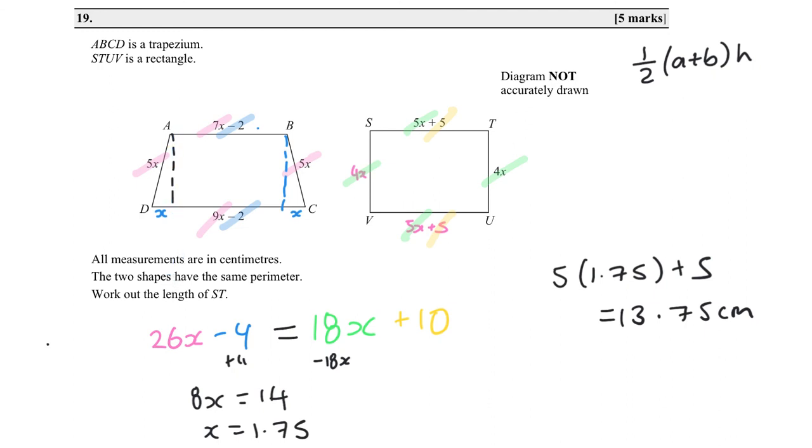And we already know our x now is 1.75. So 5 lots of 1.75 is 8.75. So this is 8.75, and this is 1.75. So to find the height, I need to do Pythagoras. I know a squared plus b squared equals c squared. I have my c, and let's call this a, so I want my b, because my hypotenuse is always my c.